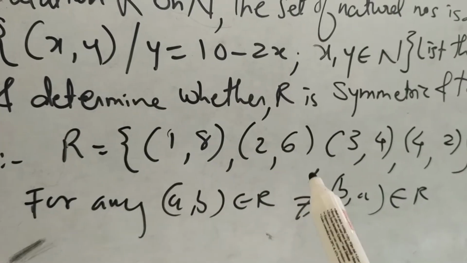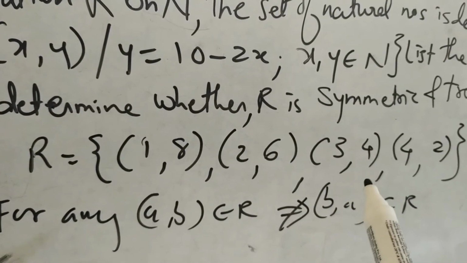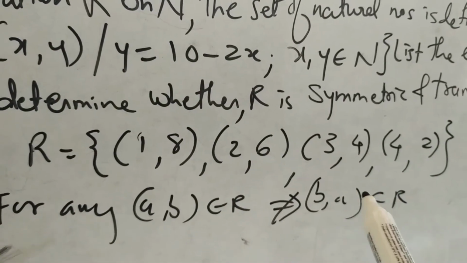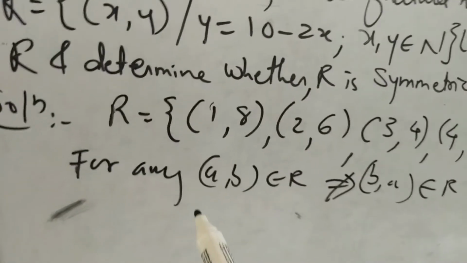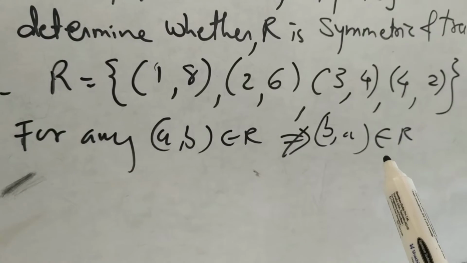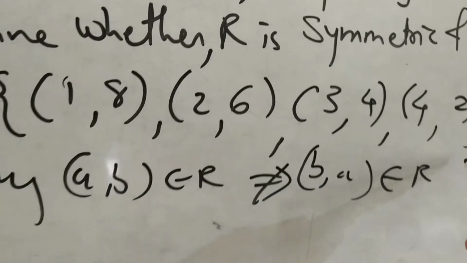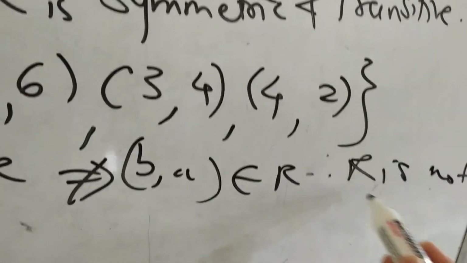If I say (2, 6) belongs to R, then (6, 2) should be there. If I say (3, 4) belongs to R, then (4, 3) should belong to R, and so on. Therefore in general, for any (a, b) belongs to R does not imply (b, a) belongs to R, and therefore R is not symmetric.